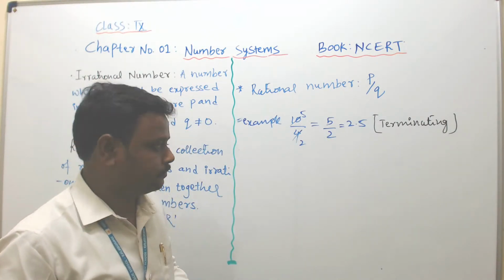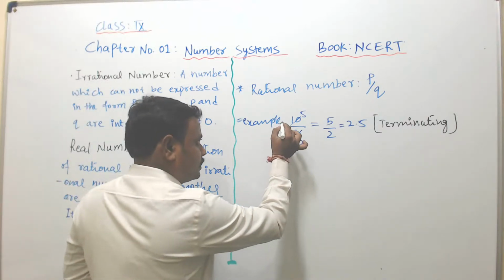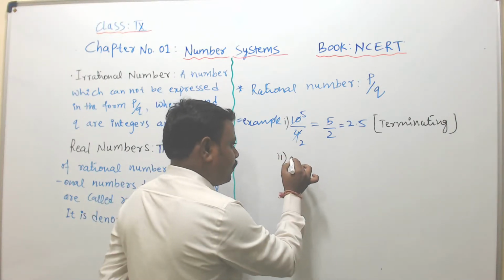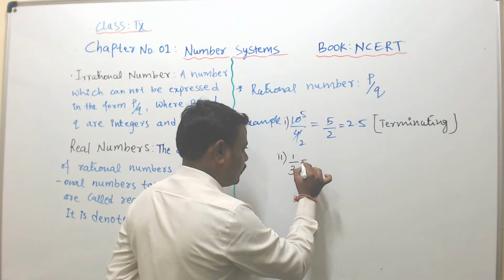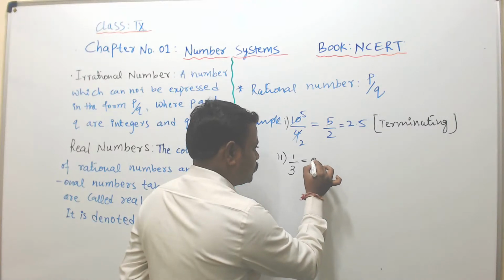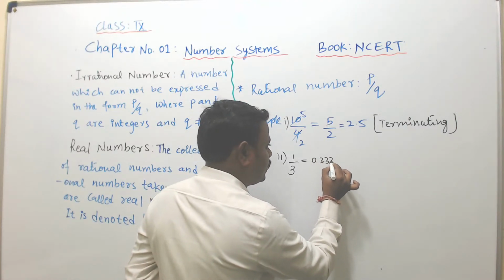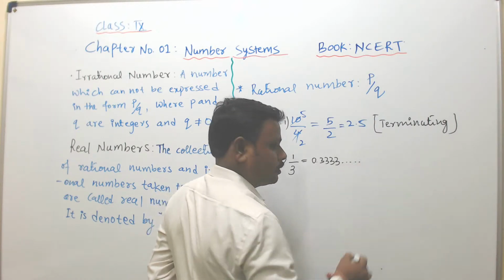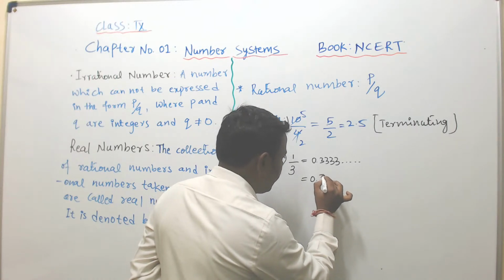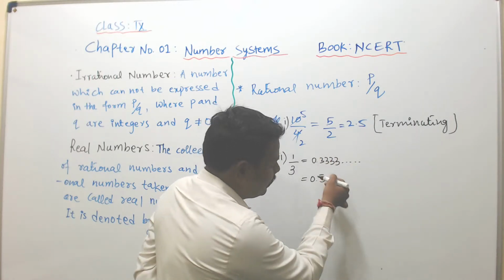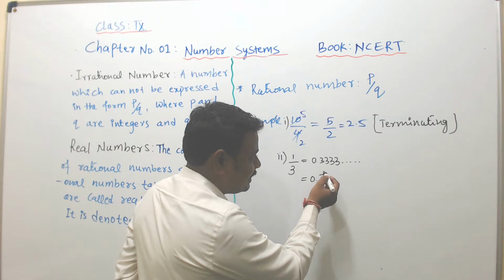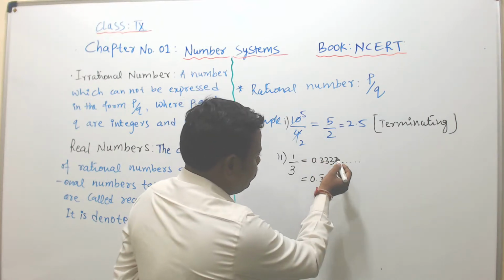Terminating decimal expansion. One more example. Listen, I will write 1 by 3. If you divide, what will we get? 0.3333 and so on, which you can write simply as 0.3 bar. It is repeating, nothing but the repeating 3s.